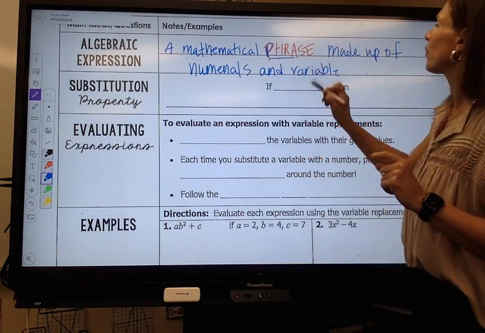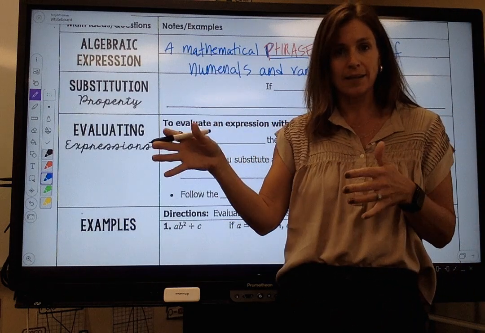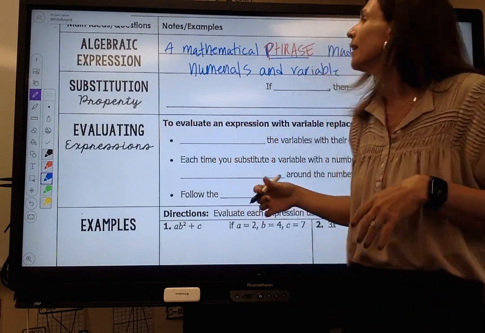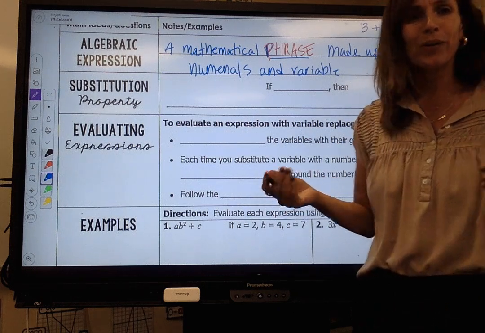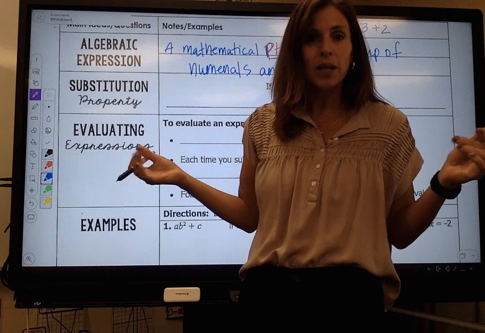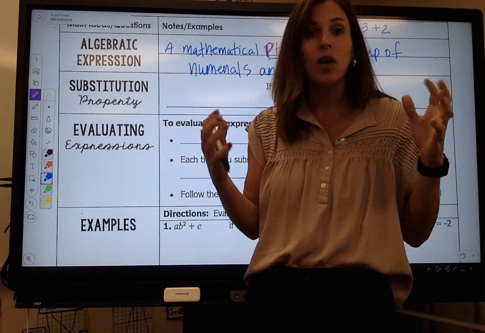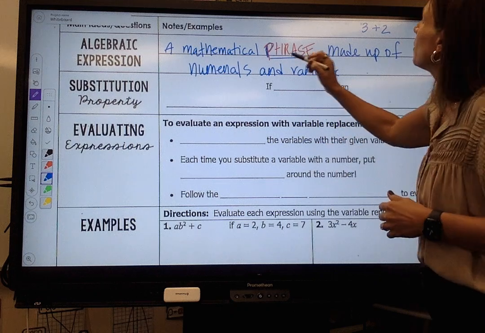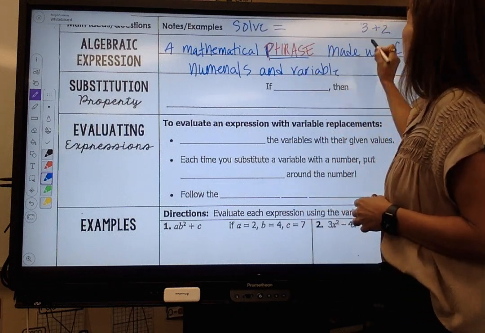Now, let's look at phrase. We have, in English, phrases and sentences. A phrase is, if I said something like 3 plus 2. There's no equal sign. We evaluate expressions because there's nothing to solve. Solve means you have an equal sign.